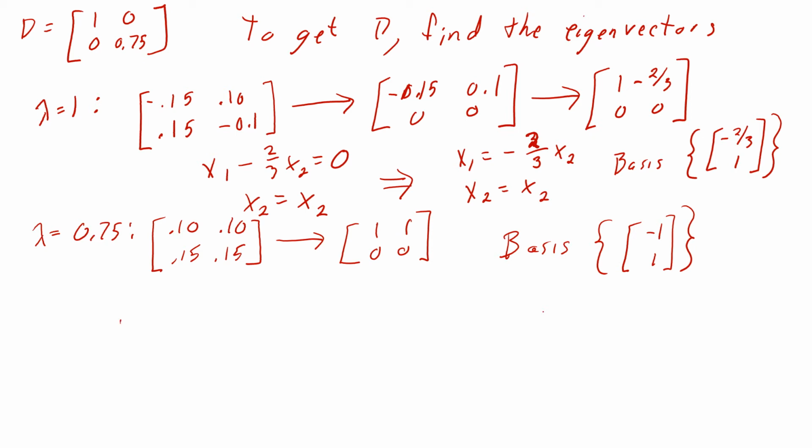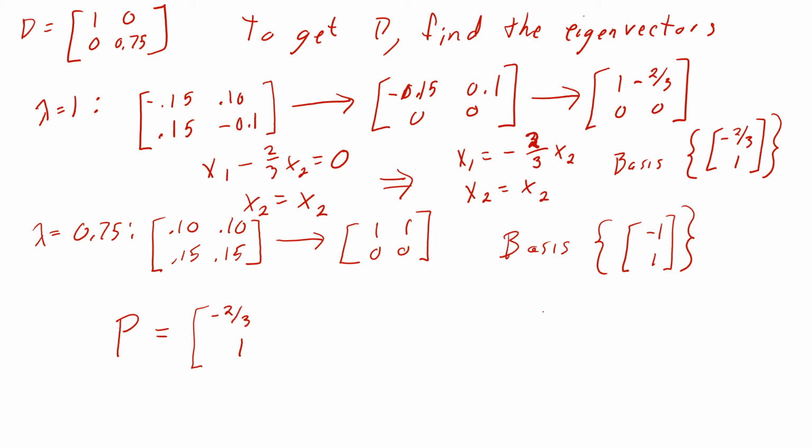So what's your P? Now when you create your P, make sure you use the same order as you use for your D. Your first column in D was for the eigenvalue 1. So the eigenvector for eigenvalue 1 is the first column of P. In D, your second column was the eigenvalue 0.75.